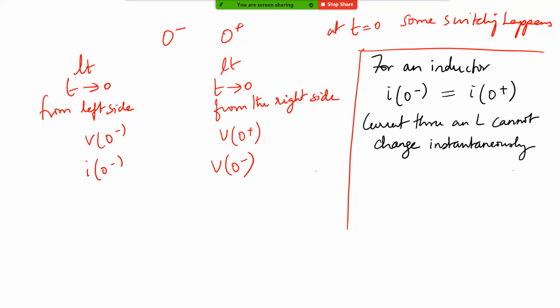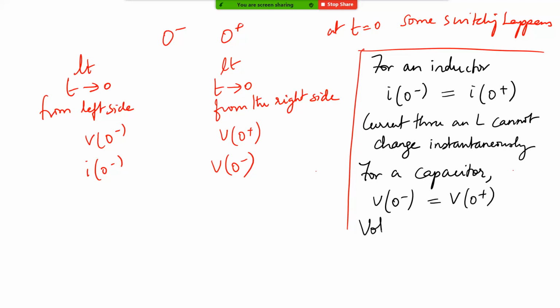The current does not immediately change, but maybe because of external factors some voltage might change, while the current does not change. Now, for a capacitor, what happens? The voltage across a capacitor cannot change instantaneously.